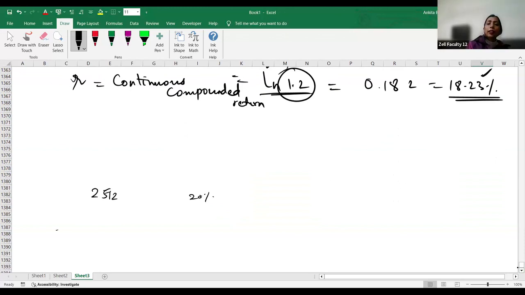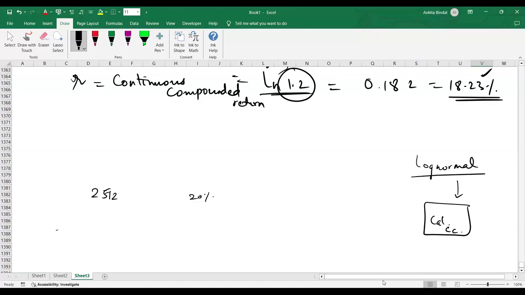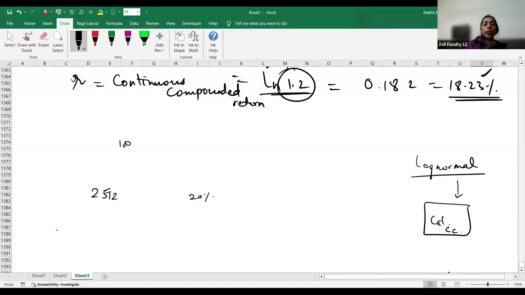No, this is not deriving a price. Log normal distribution is not used to derive a price. Log normal distribution is used to calculate your continuous compounded return, meaning the value is already known. I told you, 100 is what I put in, 120 is what I got. So what's the return I got?